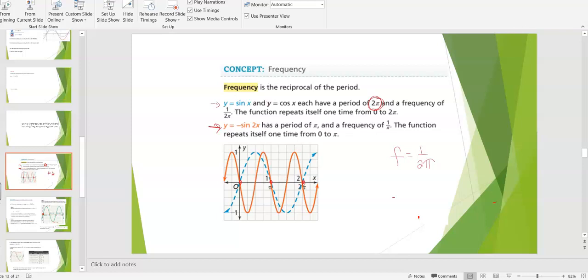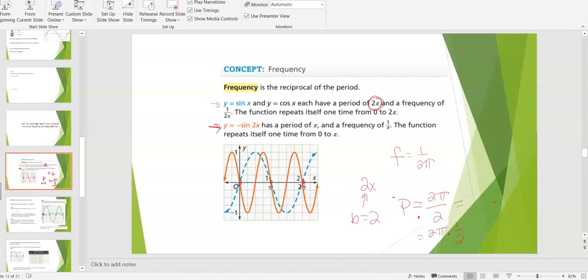But if you didn't have the graph in front of you, you would say this is b. B is 2. So the period is 2 pi divided by 2, or you could say 2 pi times the reciprocal of 2, which is 1/2.